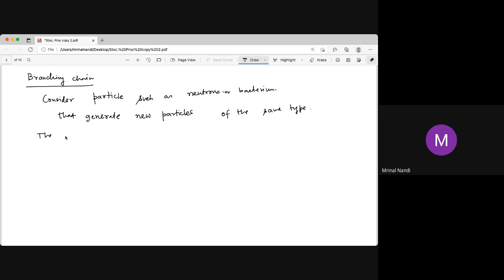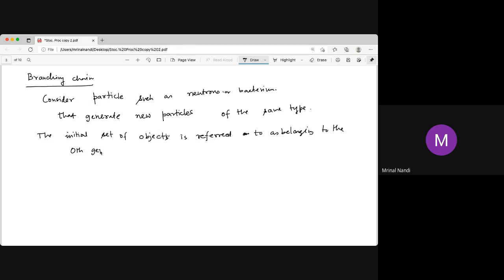The initial set of objects, it may be human beings, is referred to as belonging to the zeroth generation.